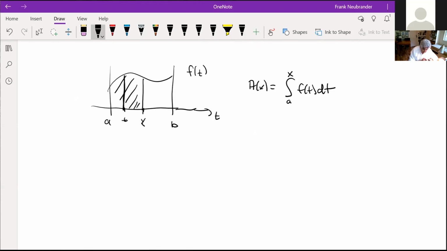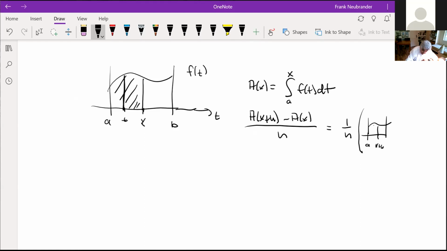Now, if you want to know what the derivative of this function is, you have to compute the difference quotient, A of x plus h minus A of x over h. Which is A of x plus h, that is the area under the curve between a and x plus h, minus the area under the curve between a and x.